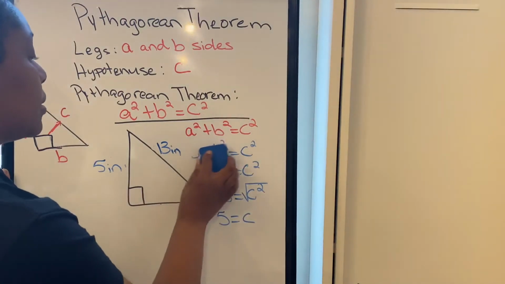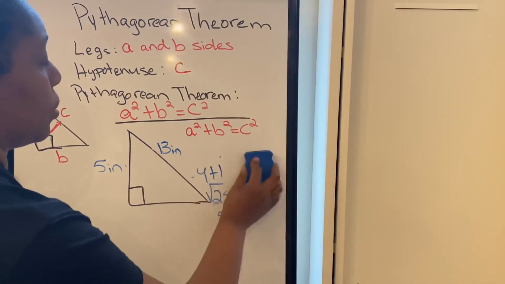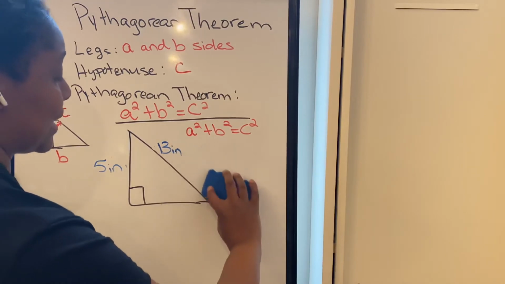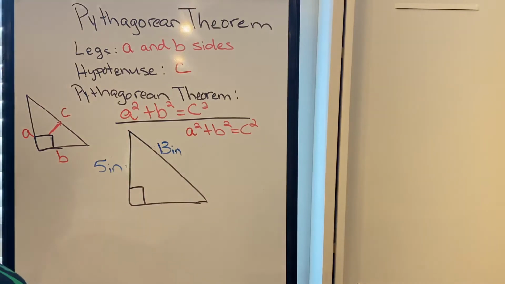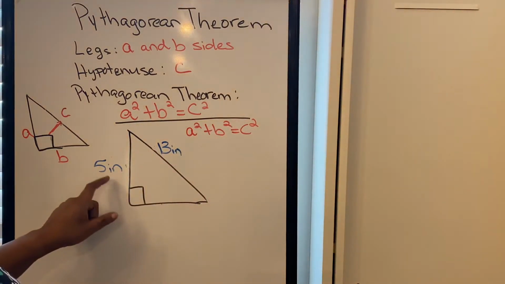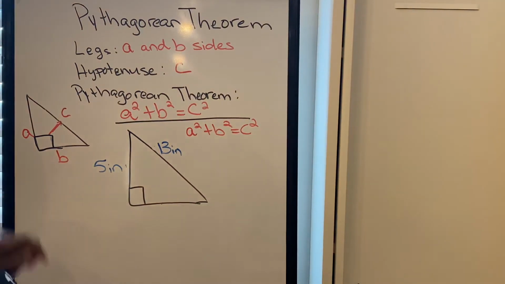So what happens when I need to know what one of my sides are? I need to know the side. Well, I'm going to do the exact same thing. If you want to label this A, that's fine. We can keep it that way.